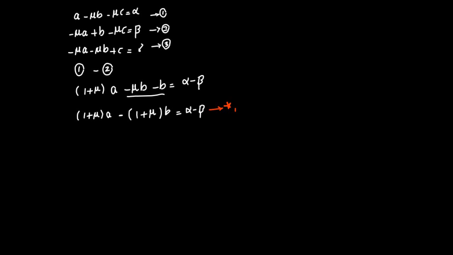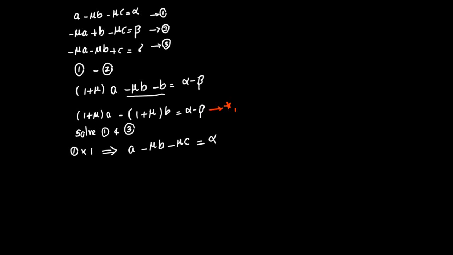All right. So the next equation, I'm going to solve equation number 1 and 3, and I'm going to cancel C. So let me first solve 1 and 3. I will write the first equation as it is, so the first equation is simply multiplied by 1. I will be getting A minus mu B minus mu C is equal to alpha.